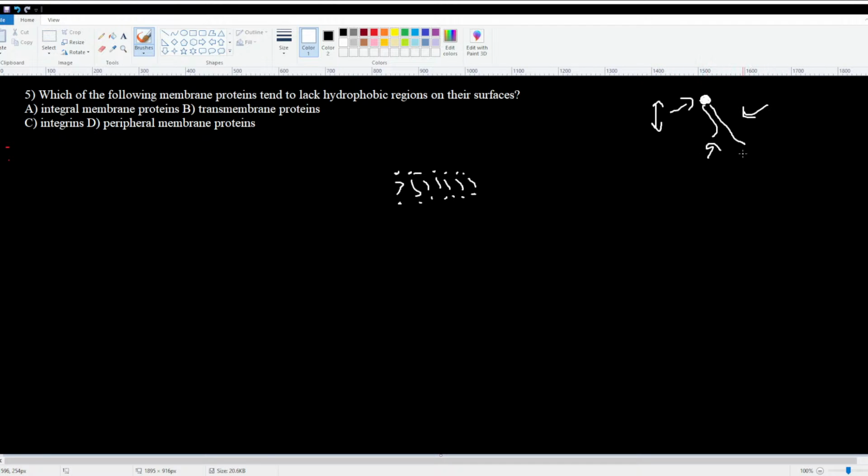Two nonpolar tails. So when we have a bunch of these, what they'll do is something very special. They'll orient themselves like this, right? So a bunch of these, and you create what's known as a bilayer. So what does a bilayer do?